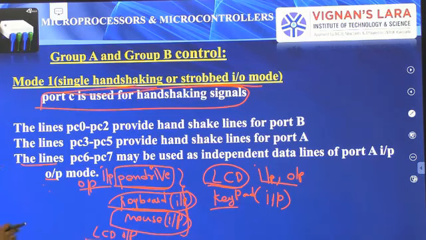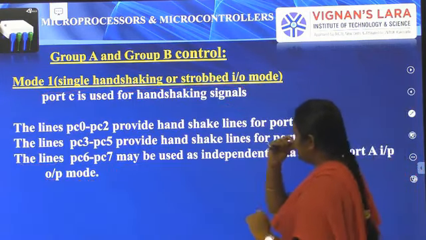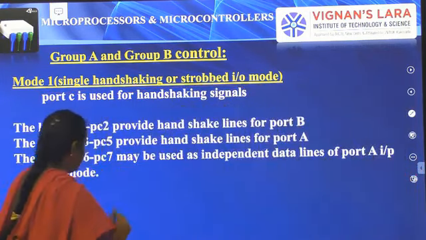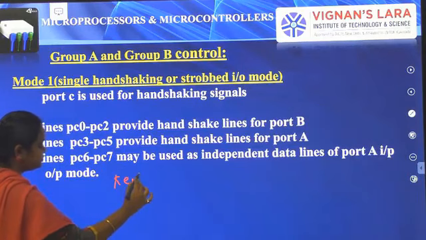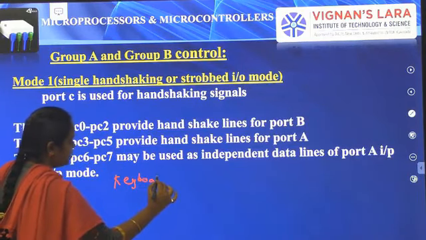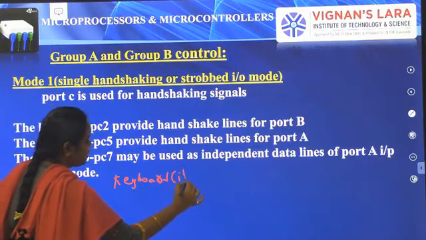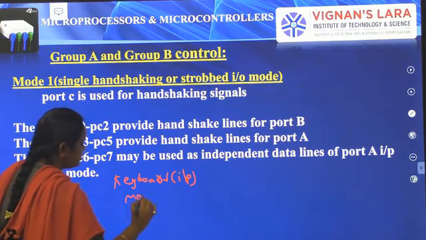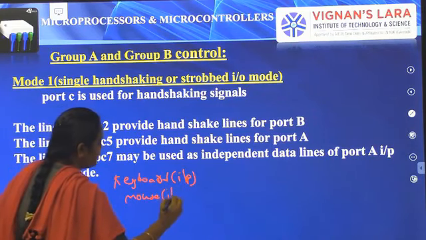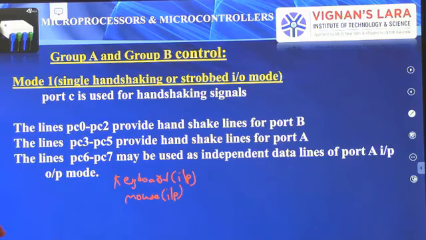So the keyboard acts only as an input, or the mouse at a time acts only as an input. So it provides only a single operation.